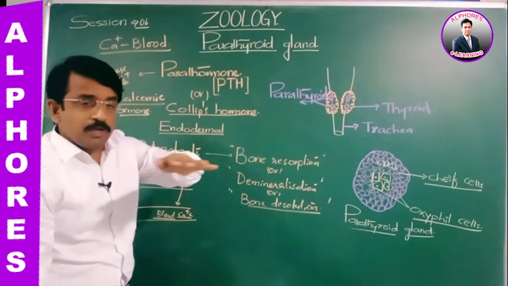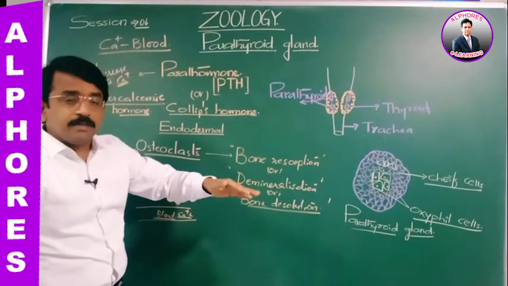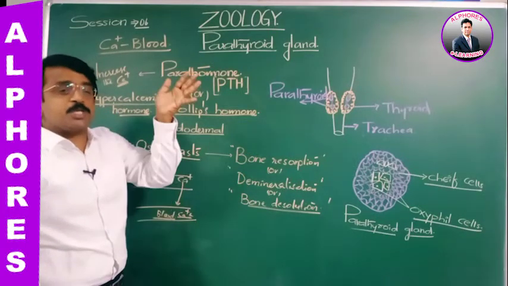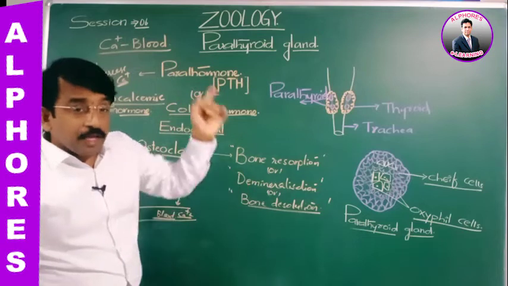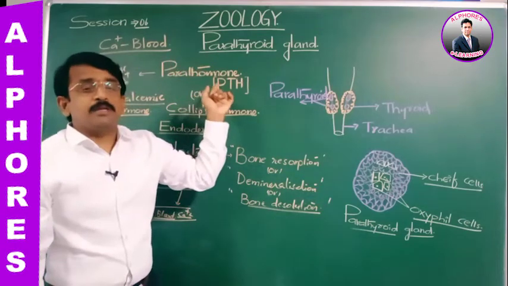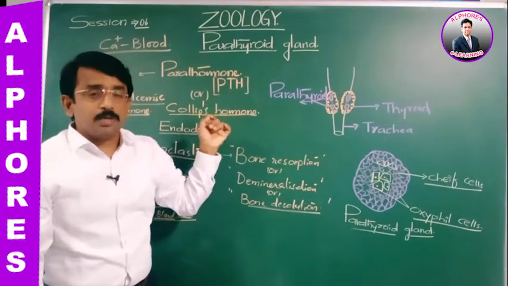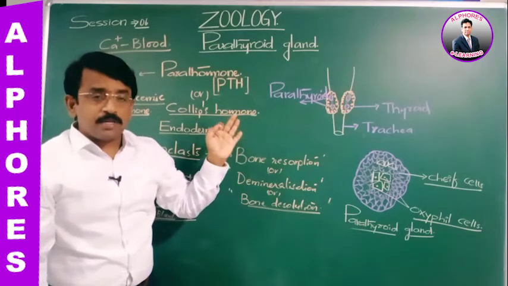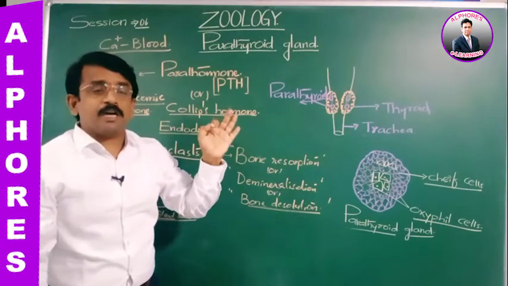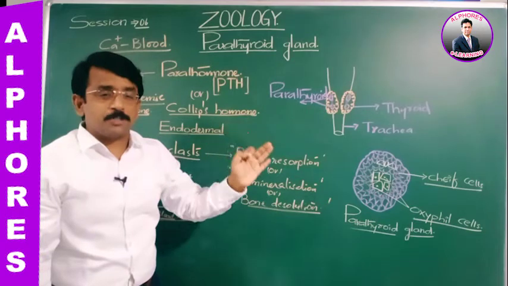Once the calcium level is normalized, if the calcium is excessive, automatically the calcitonin, thyrocalcitonin, which we discussed earlier, is secreted by the parafollicular cells of the thyroid gland.